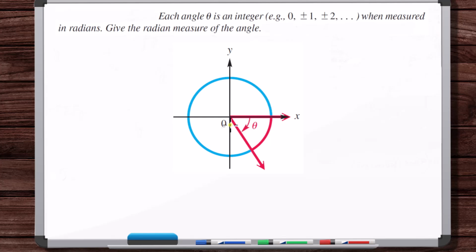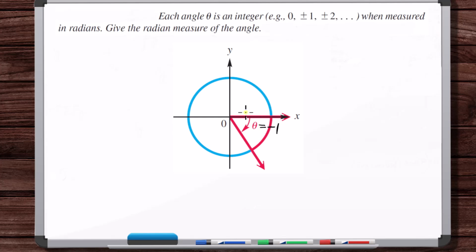So that means, well, no, it's not. This is not 5 radians because theta is an integer. If this was 5 radians, then this would be 6 radians, but that's not right, because that implies that a full rotation about the circle is 6 radians. That's not the case. So this would be 1. This is going to have to be negative 1.